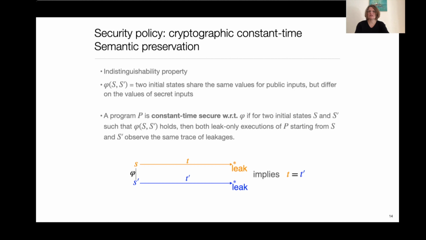It expresses that these states share the same value for public inputs, but may differ on secret values. We say that a program P is constant time secure with respect to phi when for two initial states that are related by phi, then both leak-only complete executions of P starting from both states observe the same trace of leakages.